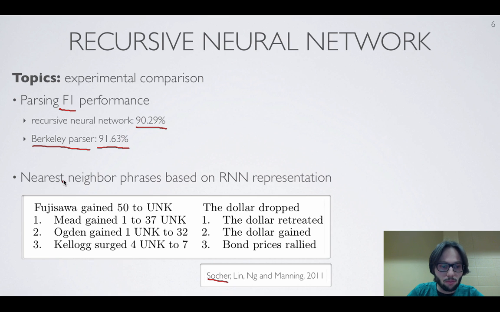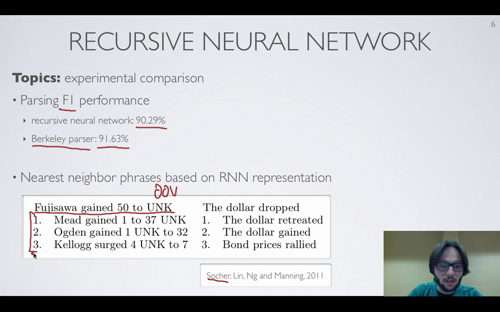And finally, in the paper, they also provide an analysis to see whether these representations of phrases and sentences actually capture similarity that's meaningful. So for instance, if we took that sentence, Fujisawa gained 50 to UNK. That's because this is for an unknown word or an OOV word. That's just the token they use for representing OOV. And we look at other sentences or phrases that have very similar vector representations.